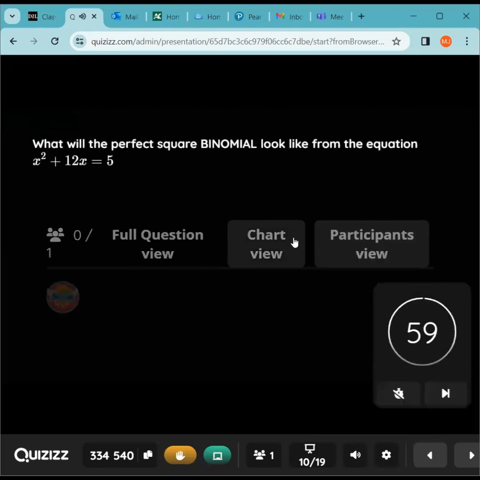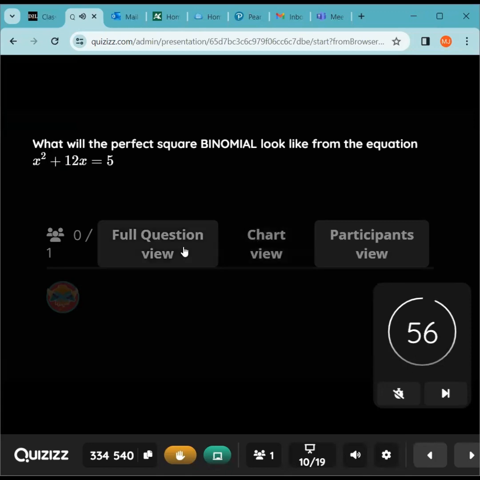So what will the perfect square binomial look like from the equation x squared plus 12x equals 5?